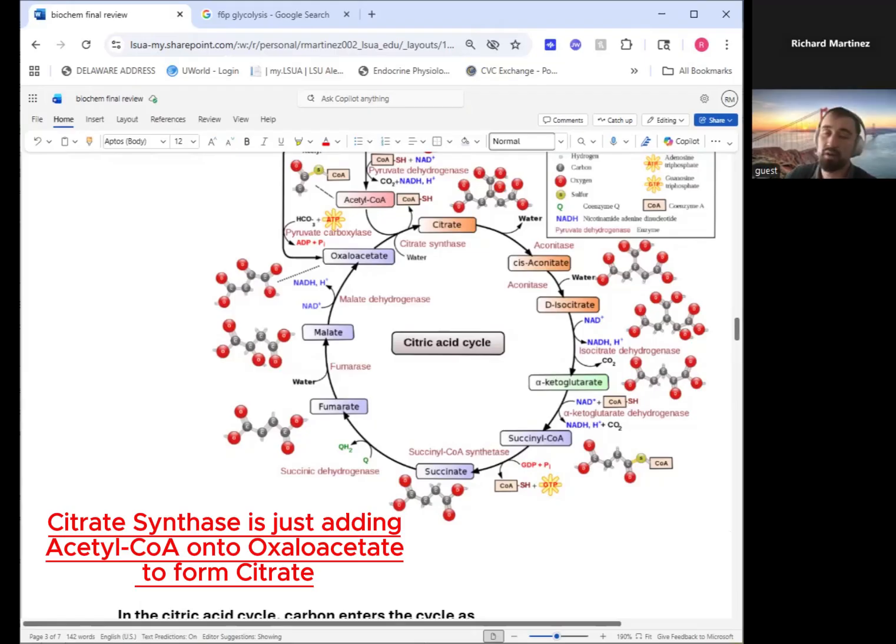Well, yeah, it's just breaking the bond using water. Yeah. But what else? Bingo. Got it. Good job.